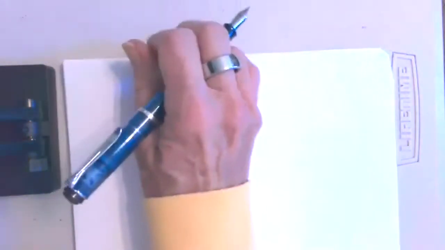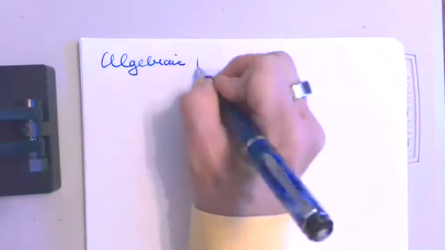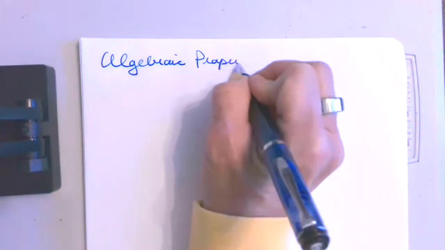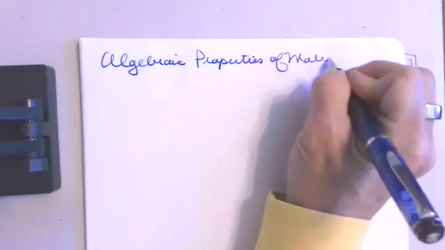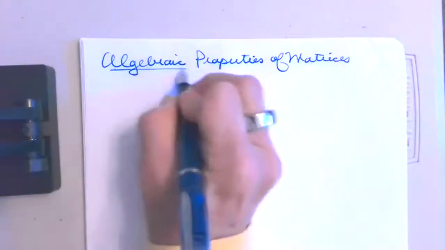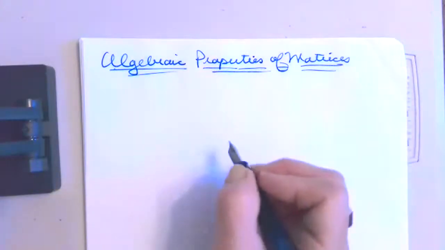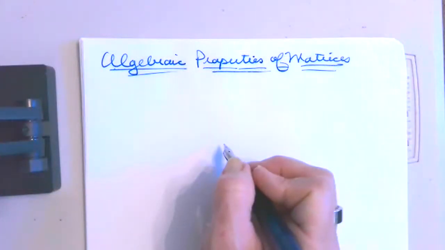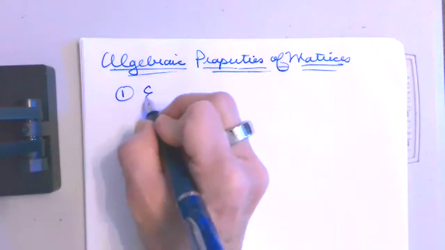Okay, so some algebraic properties of matrices. And here's where matrices become very different from just real numbers. One is equality of matrices.